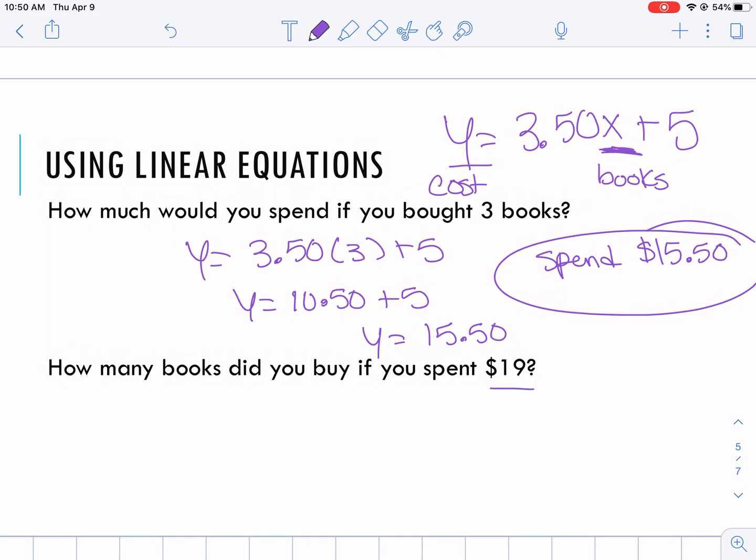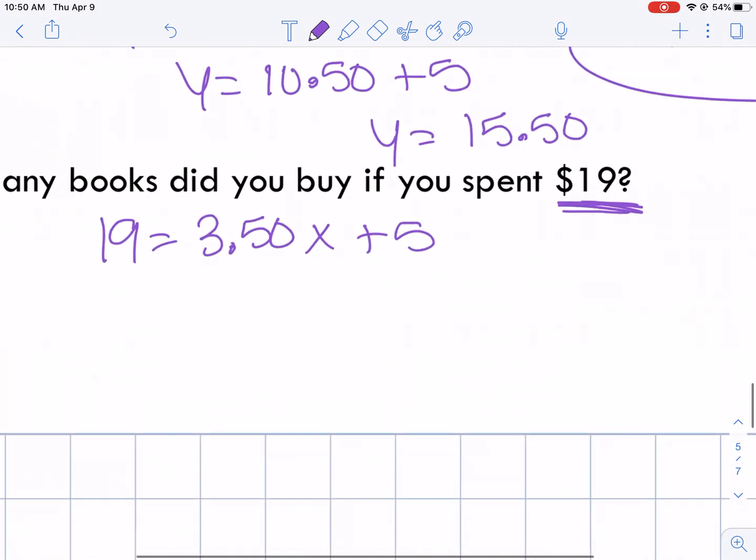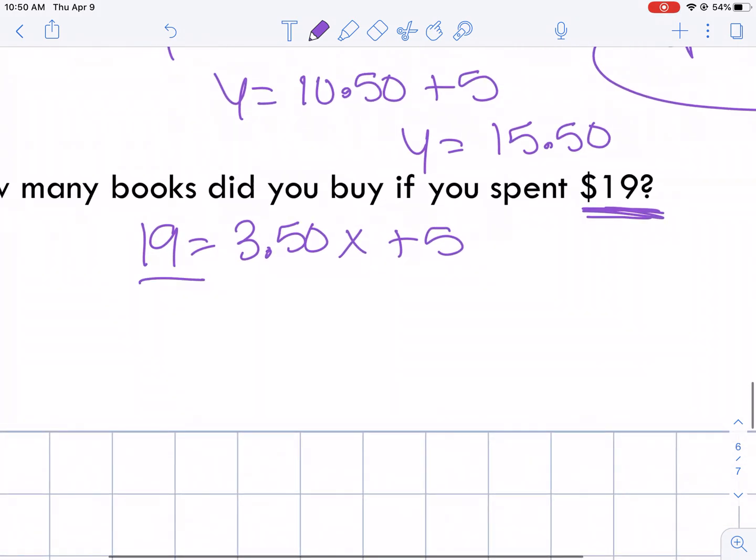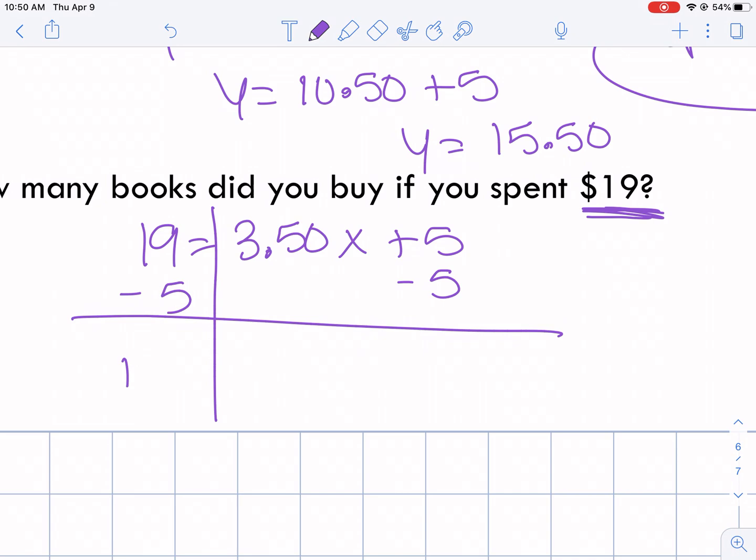Now, like last time, I know I spent $19, so that goes in for the cost. And I want to know how many books I bought if I spent $19. So it goes in here for the cost. We're going to subtract 5 first. So 14 equals $3.50 times x.